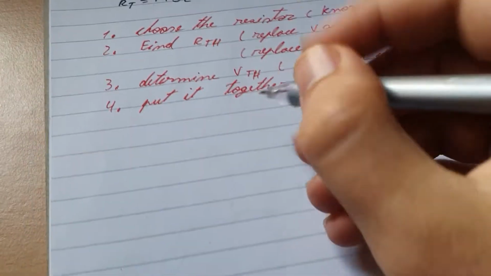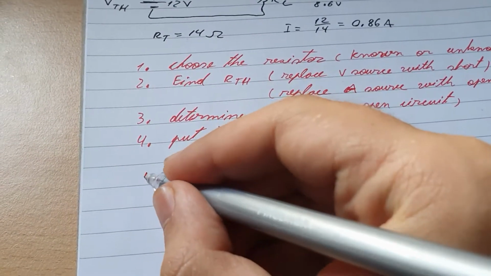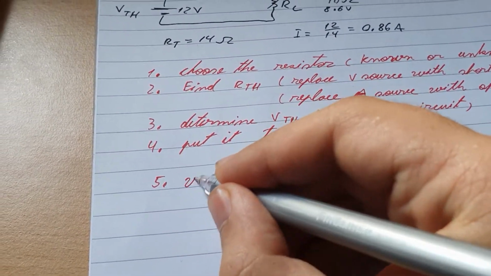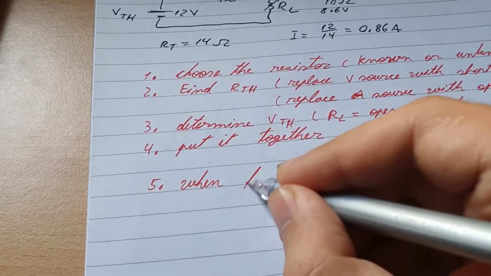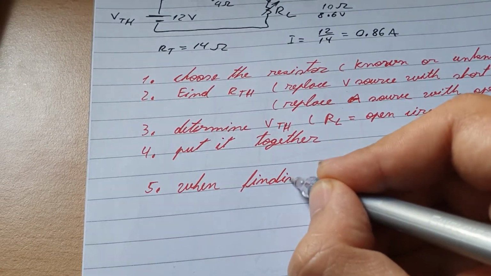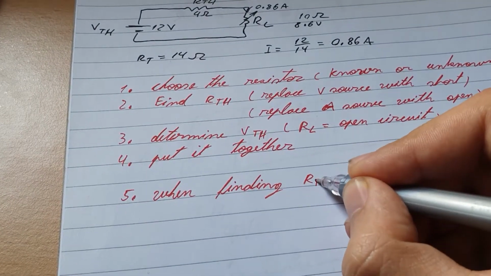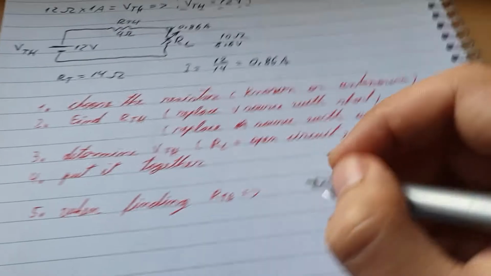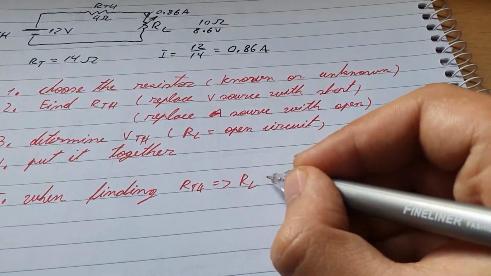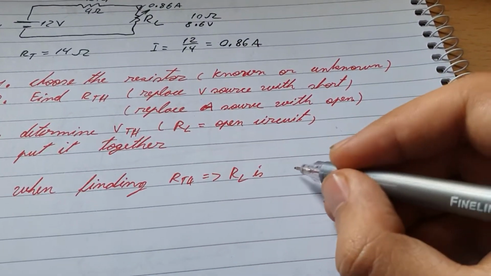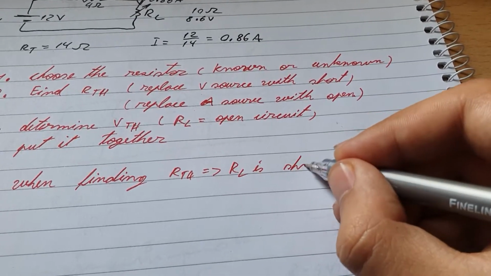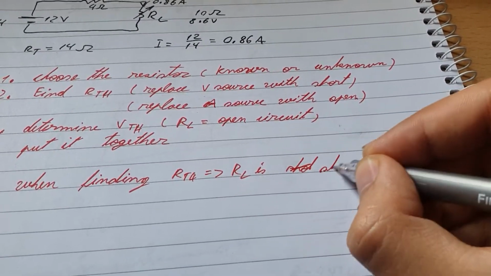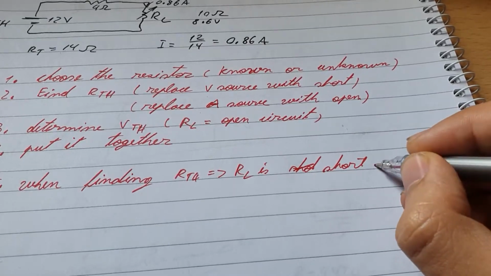So let's put rule number 5: when finding RTH, RL is short circuit.